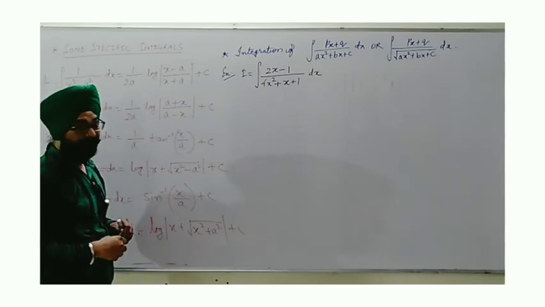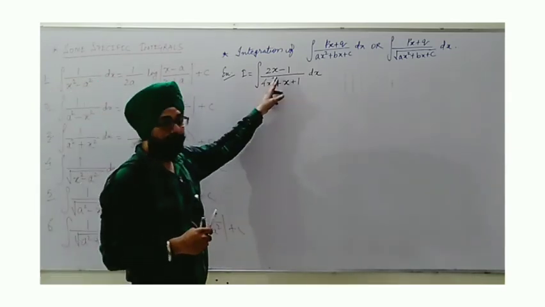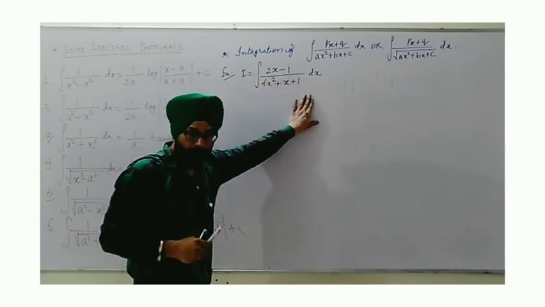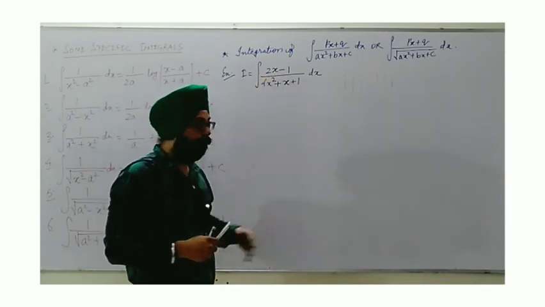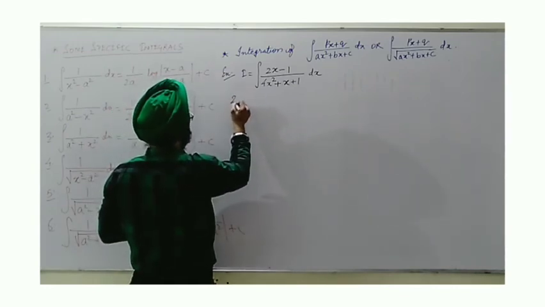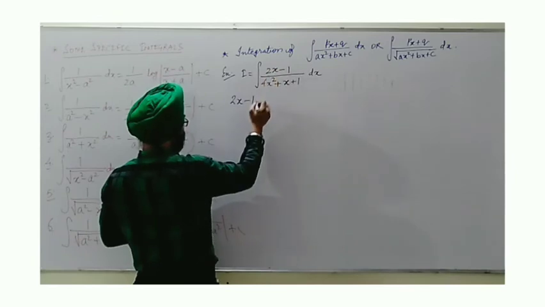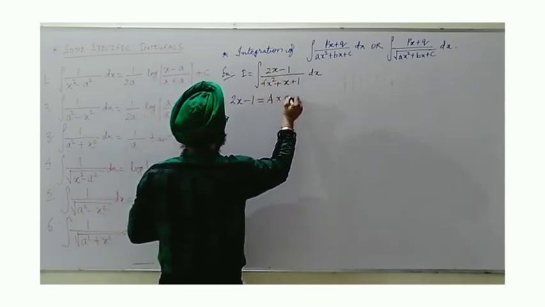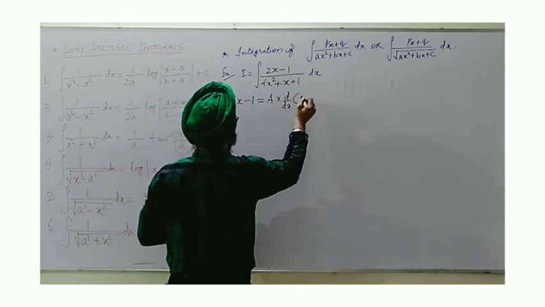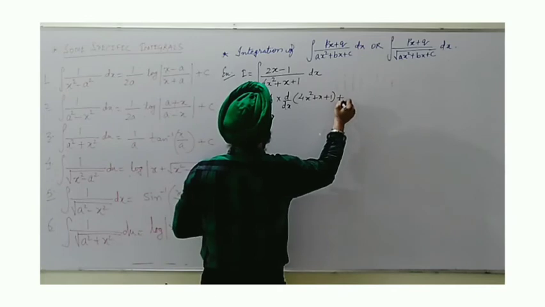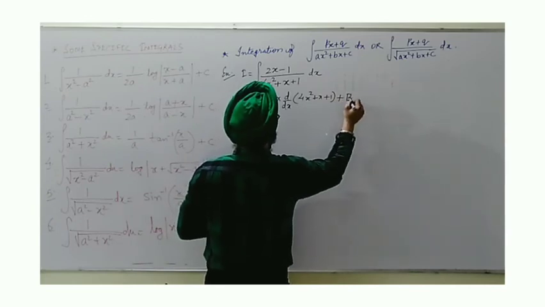We express this linear polynomial in the numerator in terms of the quadratic polynomial in the denominator. How? We consider the linear polynomial 2x minus 1 equal to a into d by dx of the denominator 4x square plus x plus 1, plus b.